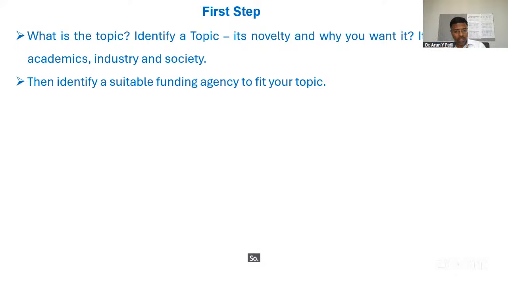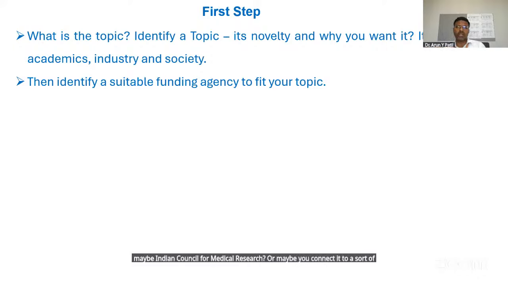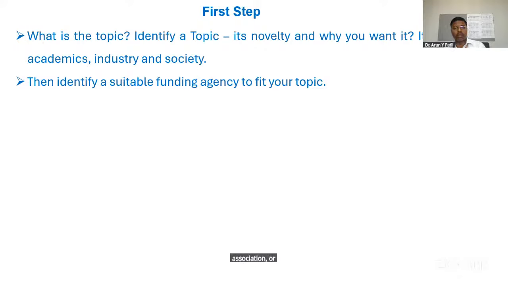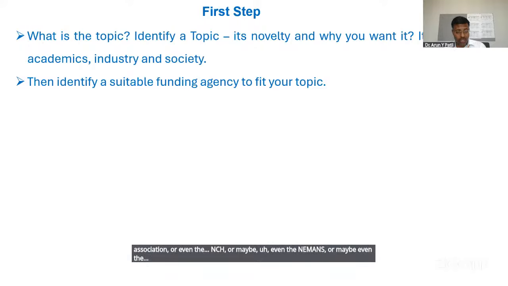So for this, you have to identify exactly the ICMR, the Indian Council for Medical Research, or something connected to a national health association, or even the NCH, or maybe even NIMHANS, or even the DST to a certain extent, or DBT to a certain extent.